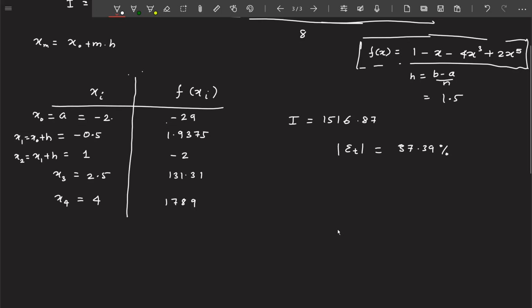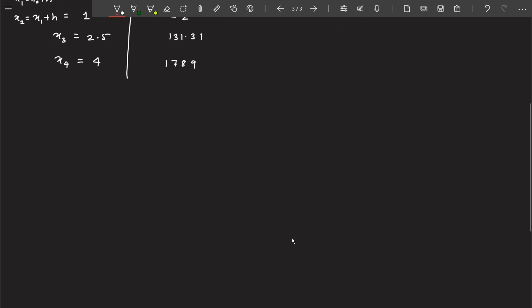Okay, again, if you take n equal to, let us say, 8, I'm not going to solve this, but I highly recommend that you do it at home. Just try it out. When you take n equal to 8, you'll find out the value of I that you're getting is 1209.1.